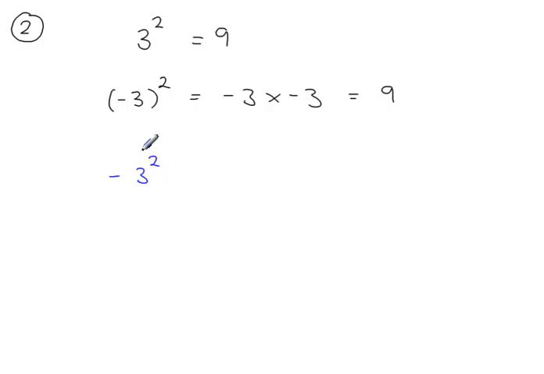Now what this is saying is do this part first. So do the 3 times 3 first, and then put the minus in front, so you get minus 9. So to think that minus 3 squared will give you 9, it doesn't. That's another common error.